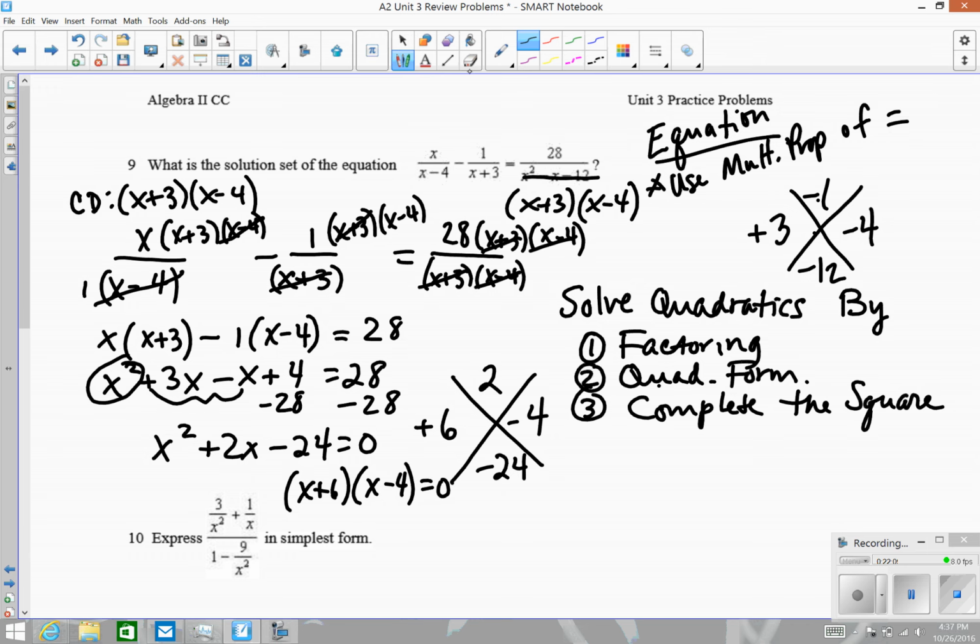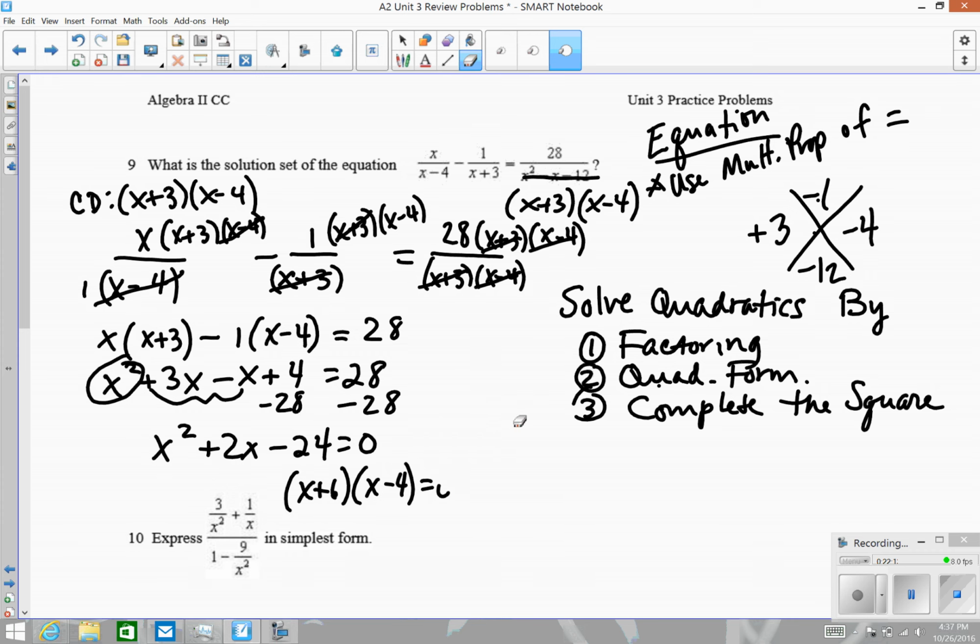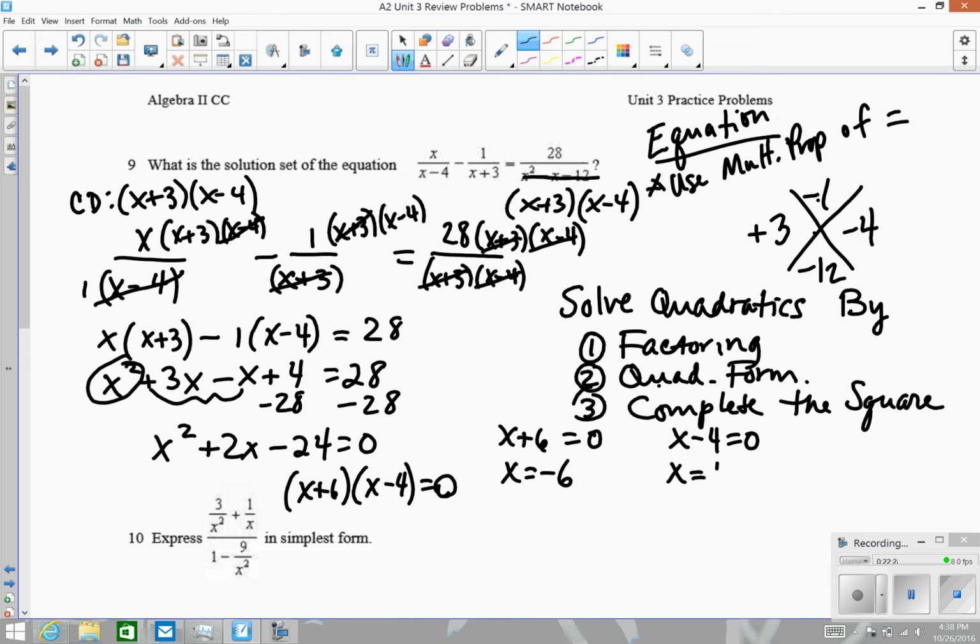I'm going to set my factors equal to 0 now and solve. Give myself a little more space here. So solving this, I get x plus 6 equals 0, or x equals negative 6, and x minus 4 equals 0, or x equals 4.